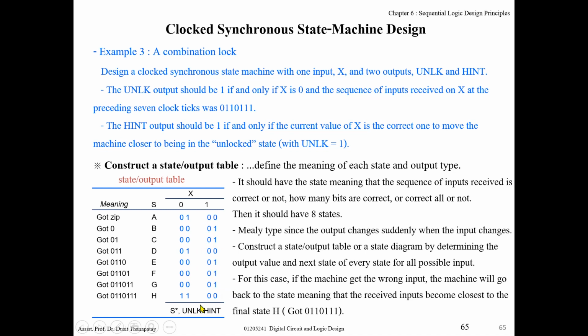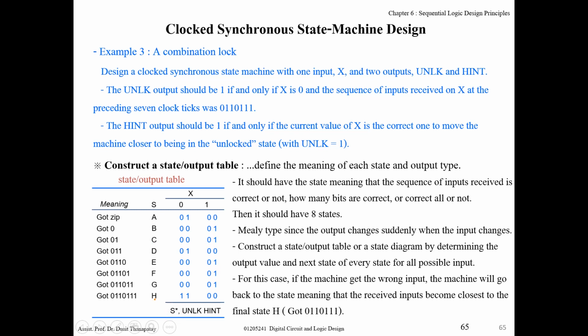Now you can define the output for each state for all possible values of input X. To complete this state output table, you must find the next state for each state.